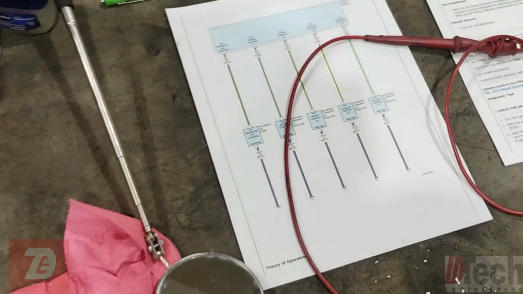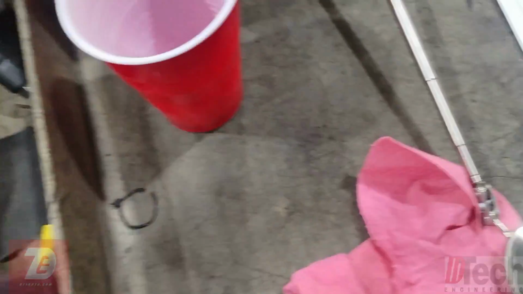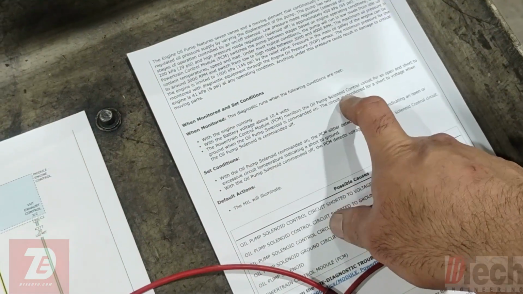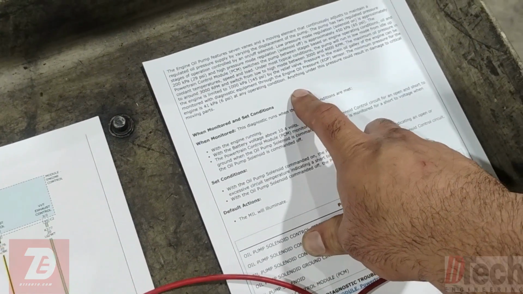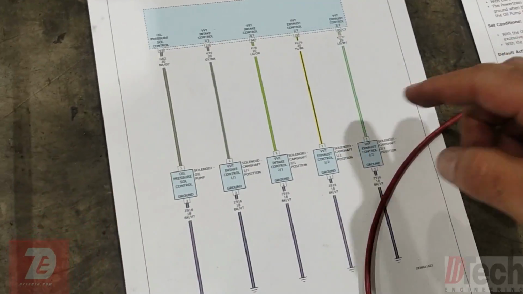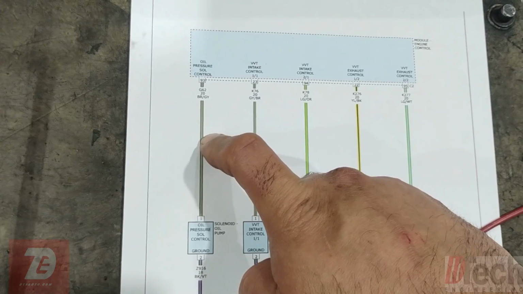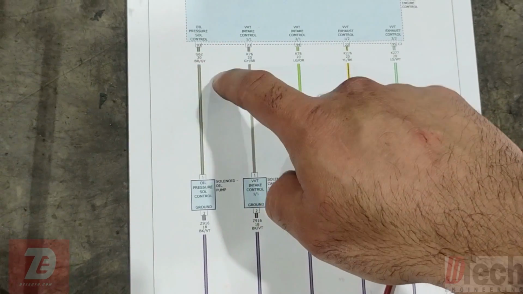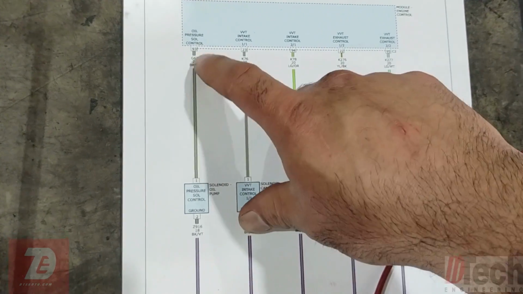I think now, based off of the information about PCM activation, so on and so forth, we can tap in here to this line. We know we have a ground, so I'm going to stay for right now on this power side.